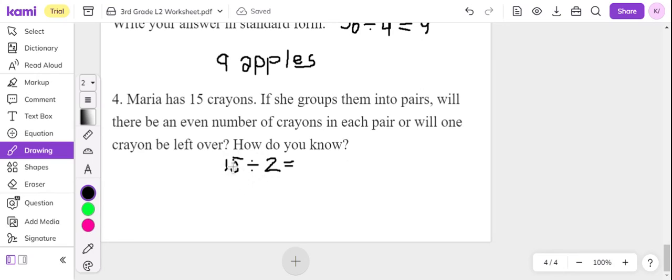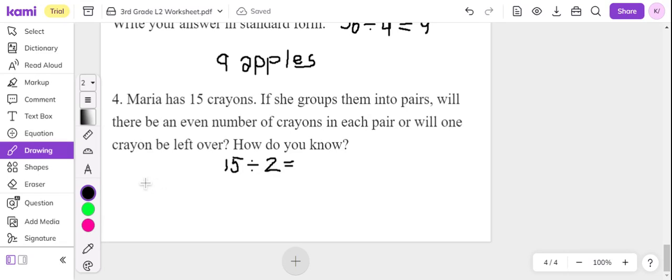So there is really no number that we can multiply to 2 that would get us 15. So we would come out with a weird number. So we can just say there will be 1 crayon left over.